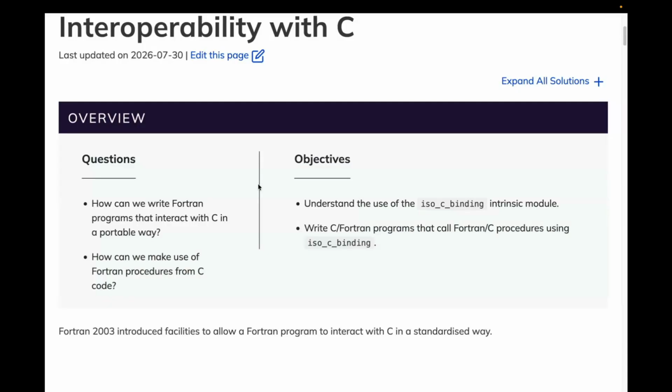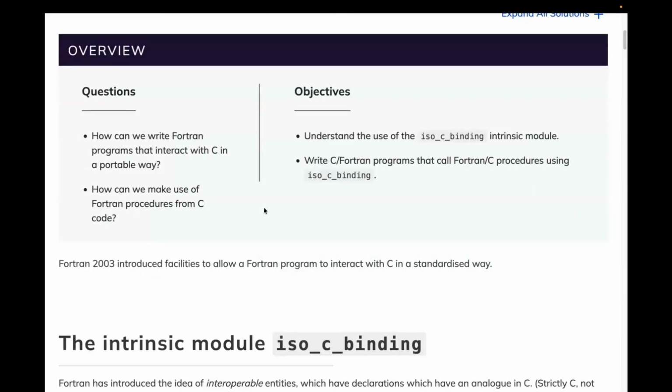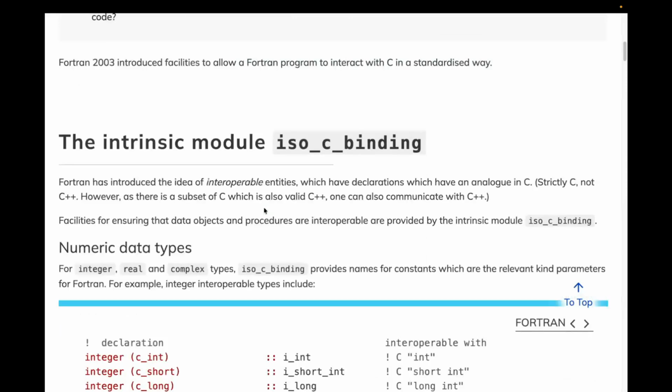Calling Fortran from C is a little bit trickier the other way, and Fortran 2018 has actually updated this quite a lot. So we'll try to make it fairly simple, but we are getting a little bit more complex here.